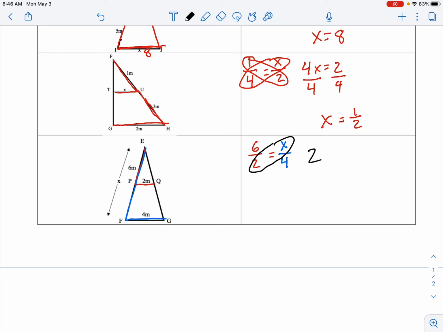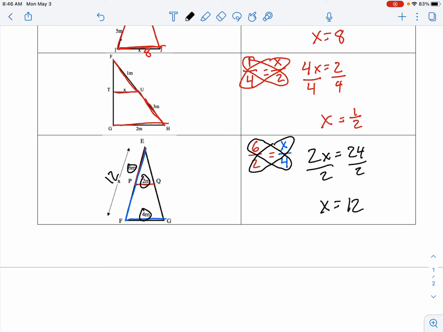And from here we're just butterflying out. 2 times x is going to equal 6 times 4 is 24. Divide by 2, divide by 2, and x is equal to 12. Which would make sense. We can see that this doubled to get to that big one, so this here would also double to get to that big one.